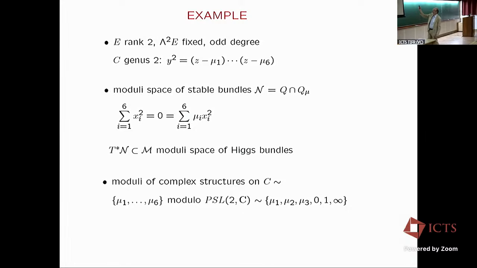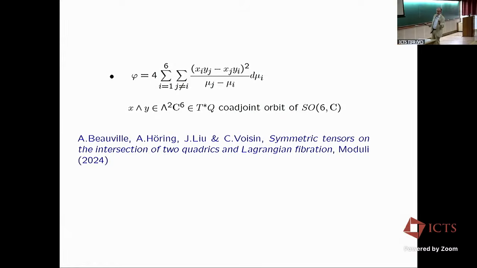The complex structures are the mu i's here. So a replacement for Teichmüller space is the space of unordered sets of distinct mu i's up to the modular action of PSL2C. We could think of that as fixing 3 of them and varying the others to get a 3-dimensional moduli space of curves. And so this phi, this is Brian's theta, this is what it is, thanks to this paper of Beauville and the others.